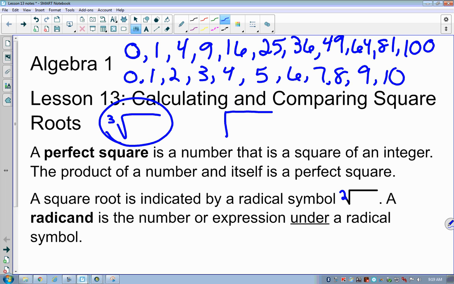The radicand is whatever number goes here. That's the radicand, the number or expression underneath that radical symbol. I don't want to call it a square root symbol because it's not always square roots. We'll just call it a root symbol or a radical symbol.